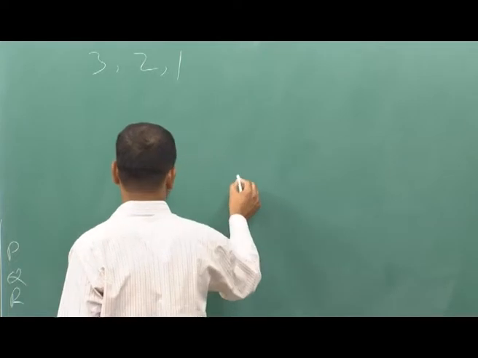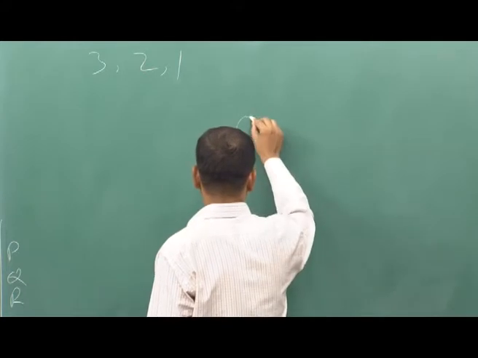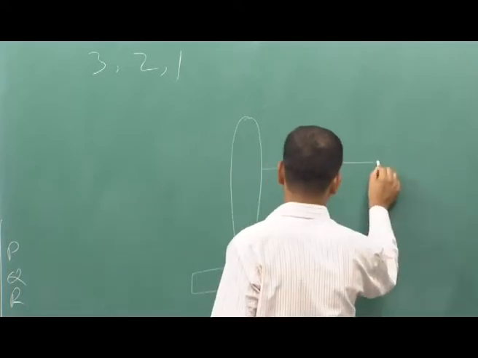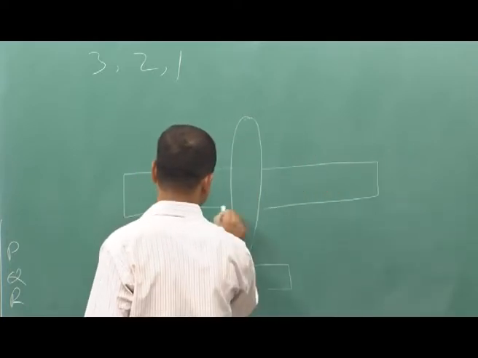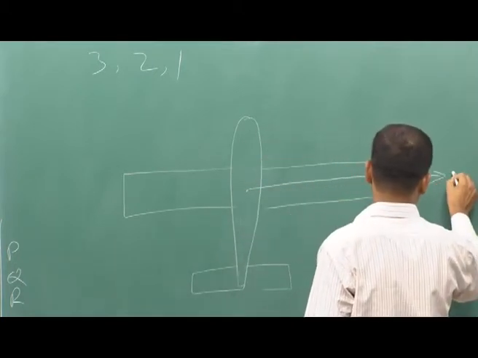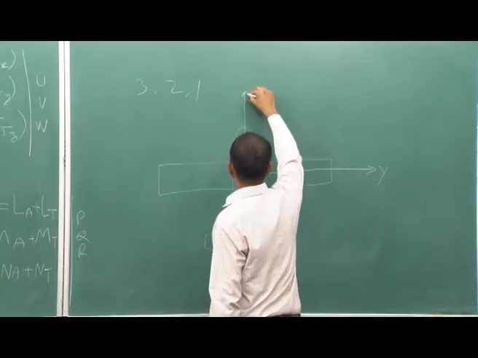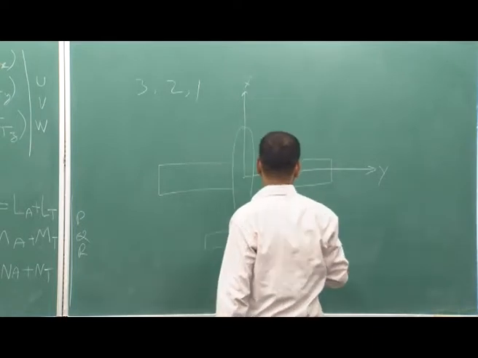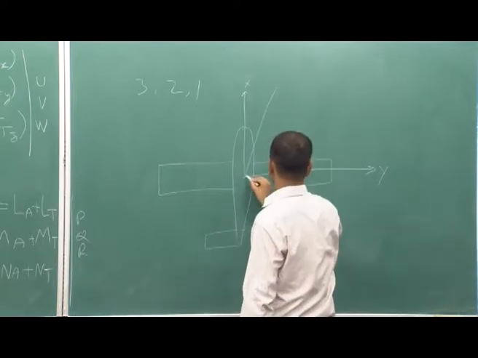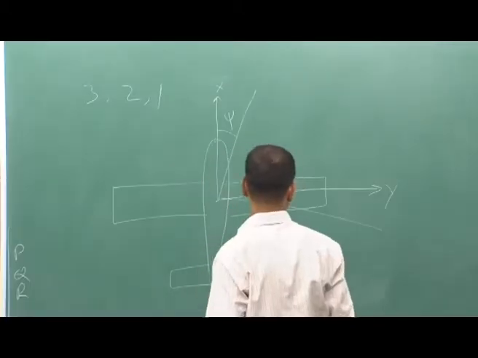Let us see it. Suppose I have a top view of my aircraft. This is the positive y, this is the x, and if you rotate it like this, this is psi, called the psi rotation.